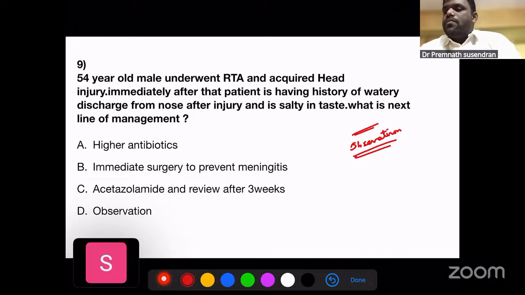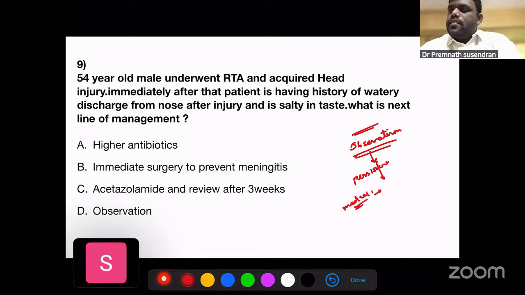Okay, the textbook of neurosurgery is also saying that most of the cases will settle with observation. If the CSF leak is still persistent, then we go for the next line of management, medical management.